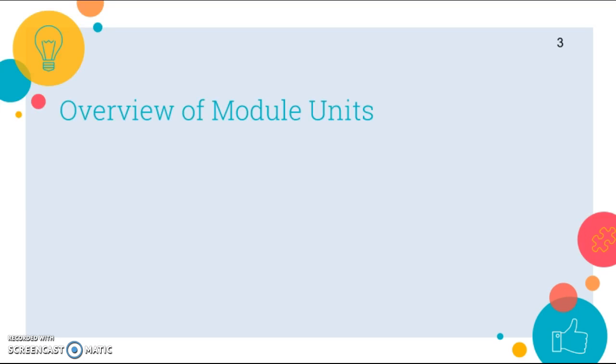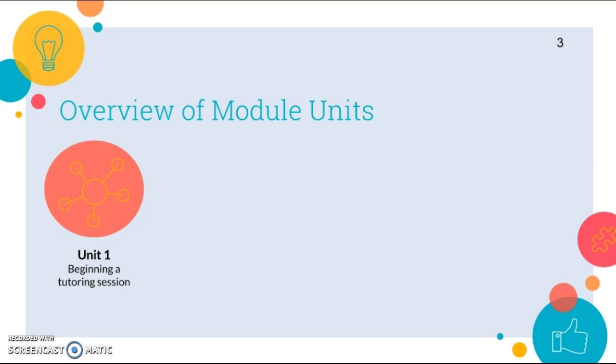So let's look at the module units to get an idea of how this training is set up. In Unit 1, we're going to look at the beginning of a tutoring session. The big takeaway of Unit 1 is essentially the practice of tutoring is grounded in the theory of scaffolding.